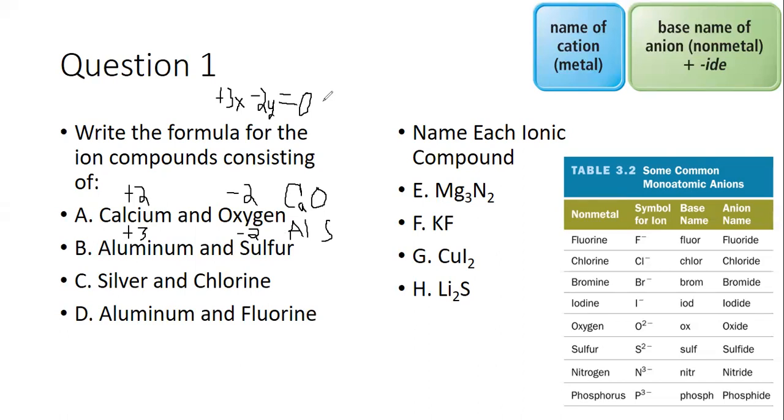And one easy way you can do this is that when you have different charges like this, you just cross multiply. What I mean by that is if aluminum's +3 and sulfur is -2, well, if I have 2 aluminum and 3 sulfur, that will equal 0. Because 3 times 2 is a +6. -2 times 3 is a -6.